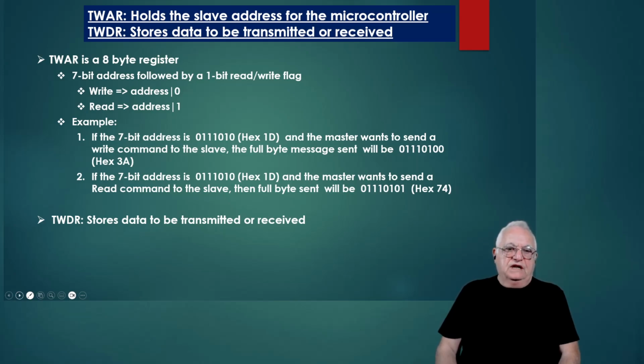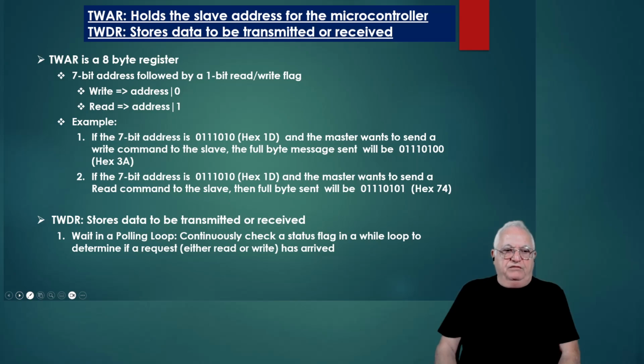Now for storing data, for transmitting and receiving. What you do when you're going to get or send data is wait in a polling loop, continually checking a status flag in a while loop to determine if the request, either read or write, has arrived.